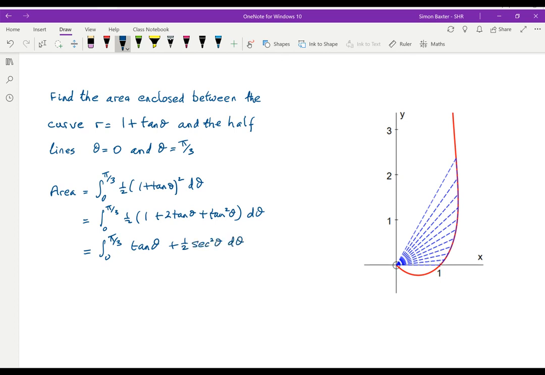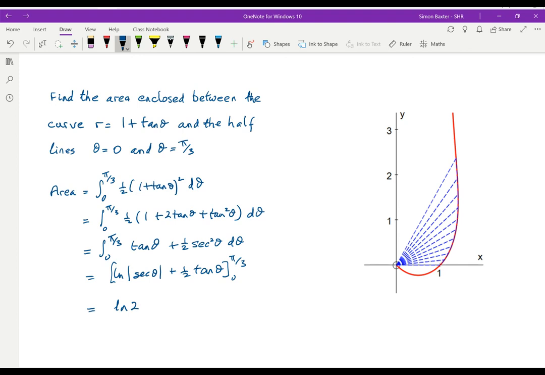D theta. Integral of tan theta is log sec theta. Integral of sec squared theta is tan theta, so that gives me a half tan theta. And my limits are 0 to pi by 3. Sec pi by 3, well, cos pi by 3 is a half. Sec pi by 3, therefore, is 2.